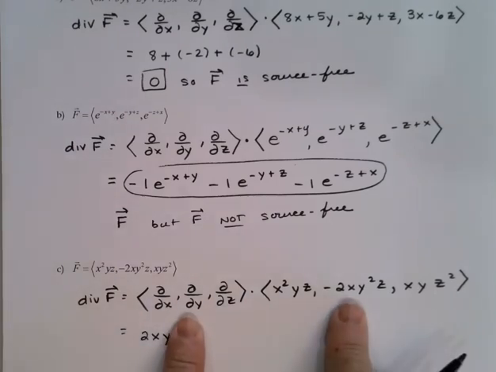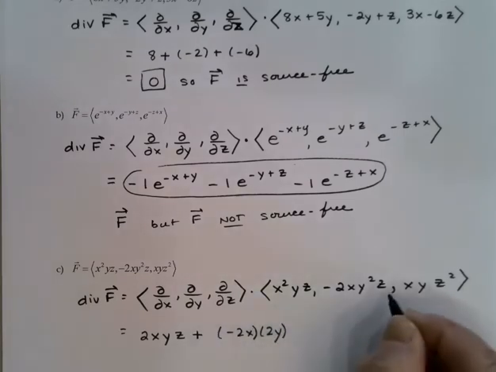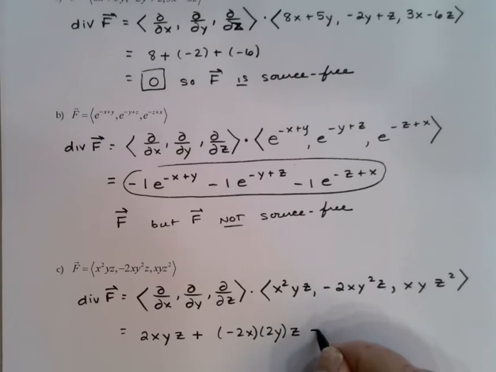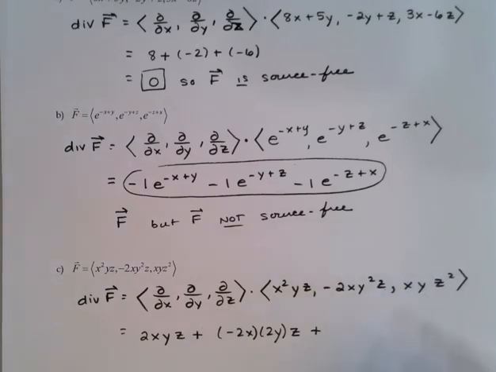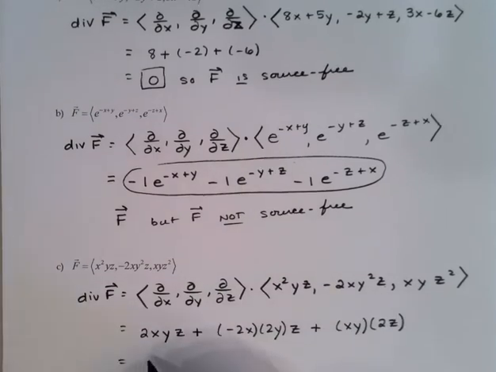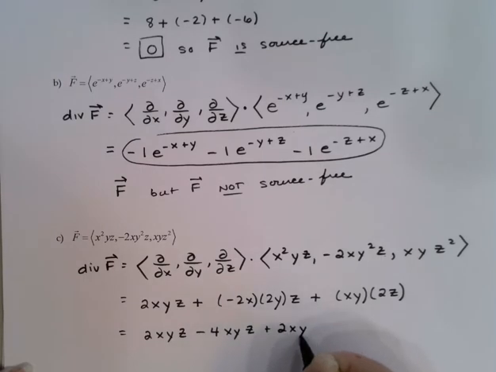Plus here, we have a constant multiplier of -2x times the derivative of y squared, which is 2y, times the constant z. Plus, taking the derivative of the last component with respect to z, I've got the constant multiplier xy times the derivative of z squared, which is 2z. So we have 2xyz minus 4xyz plus 2xyz, which does add up to 0, meaning f is source-free.